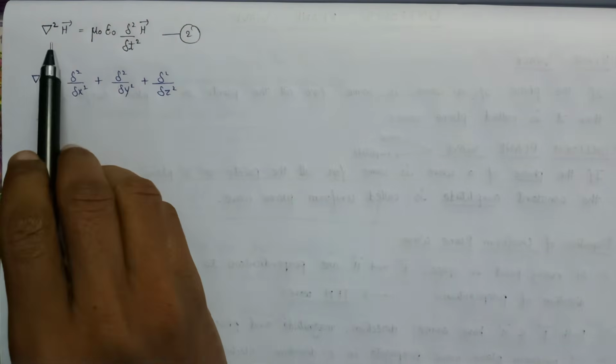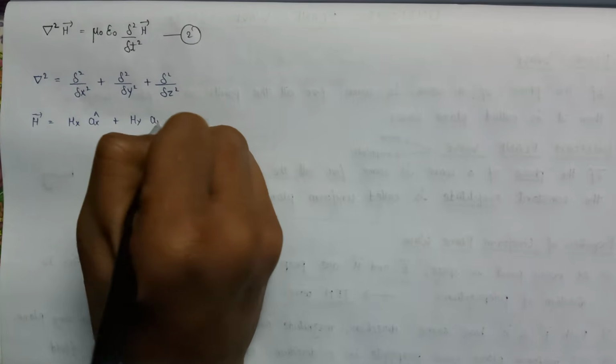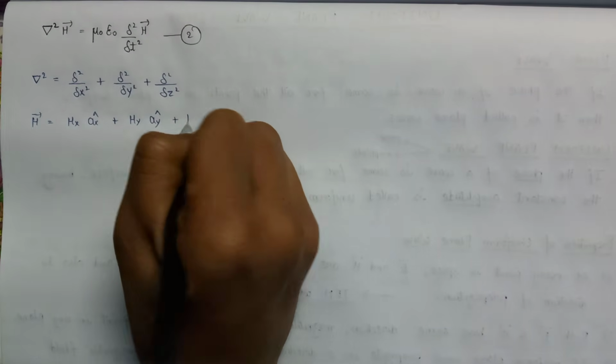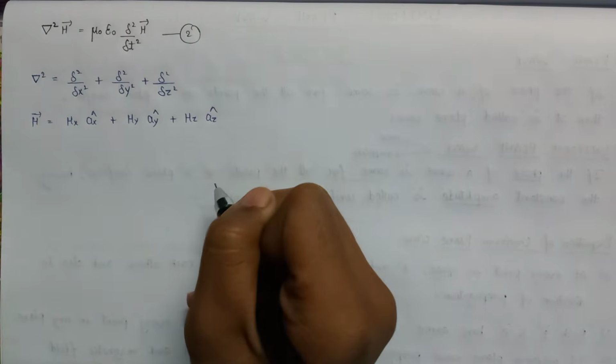And if we talk about the vector representation of this magnetic field intensity, then it can be written as Hx Ax cap plus Hy Ay cap plus Hz Az cap.